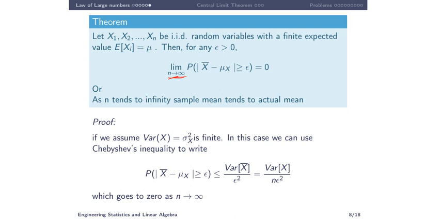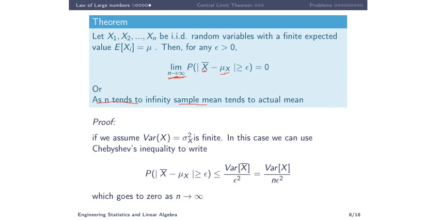Otherwise we can say that as n tends to infinity, the sample mean, x bar, that we get by doing the experiment and taking samples, always tends to the actual mean of the probability distribution. So mu x is the distribution mean, and x bar is the mean we get by doing the experiment.